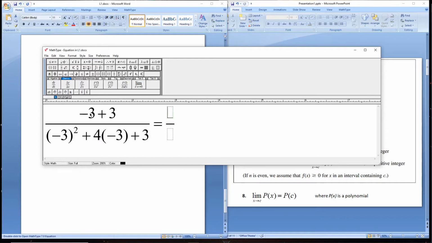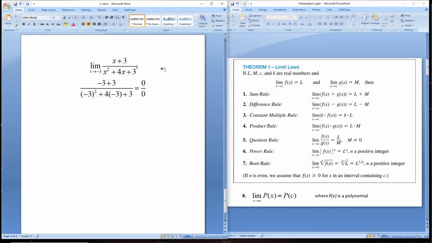So the numerator, minus 3 plus 3 is 0. We look at the denominator, we have 9 minus 12, which is a minus 3. And then minus 3 plus 3 is 0. So this limit is in the indeterminate form. And we have to do something to get out of it.